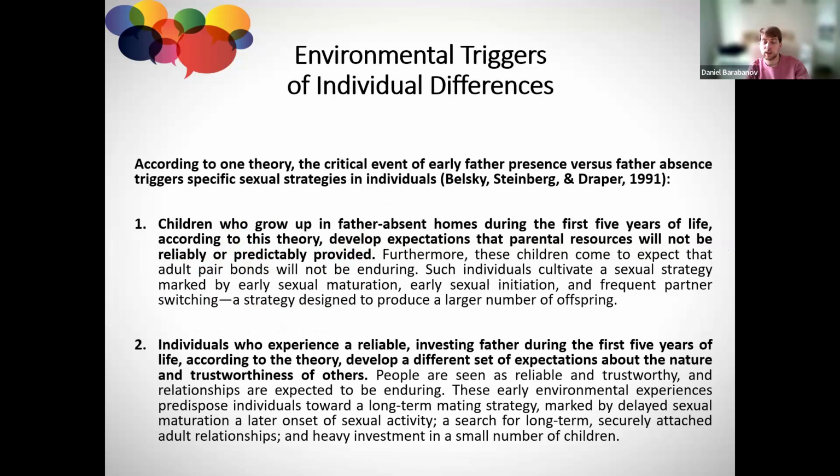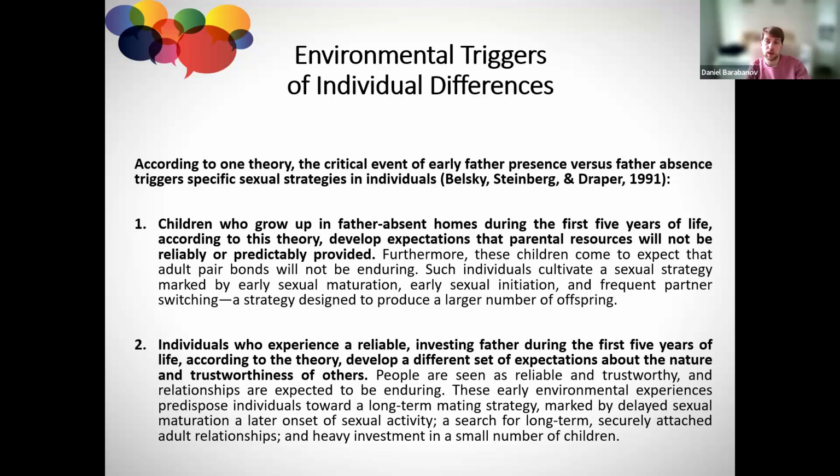So based on this idea, there are several smaller theories explaining individual differences. For example, one theory proposed by Belsky, Steinberg, and Draper says that a critical event for people in forming certain types of behavior is the absence or presence of a father.